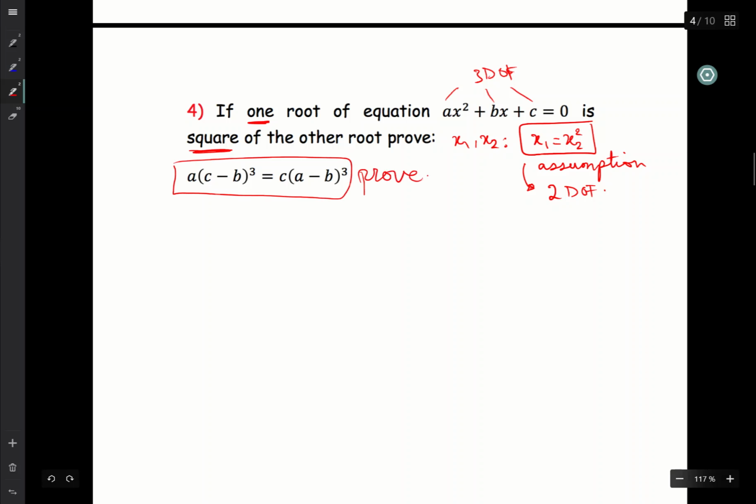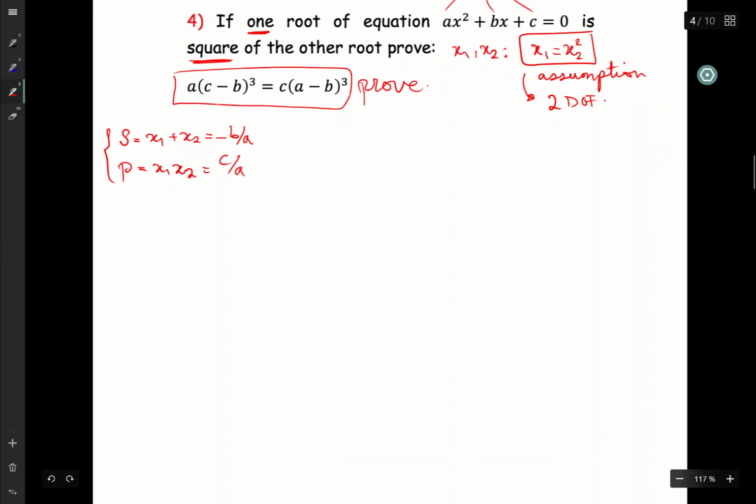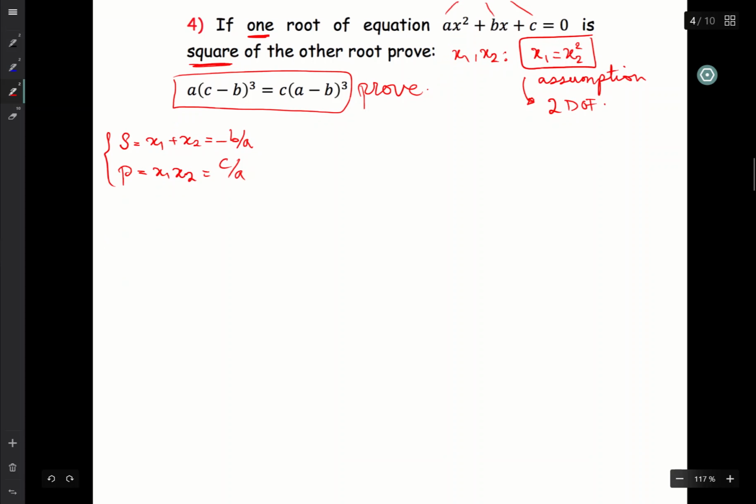So how do we approach this? Again, what do we know about the roots, right? We know that the sum of the roots, x1 plus x2, is minus b over a, and the product of the roots, x1 times x2, is c over a. We already know this. And what I can do is, in the product, I can plug in the relation x1 is x2 squared, right?